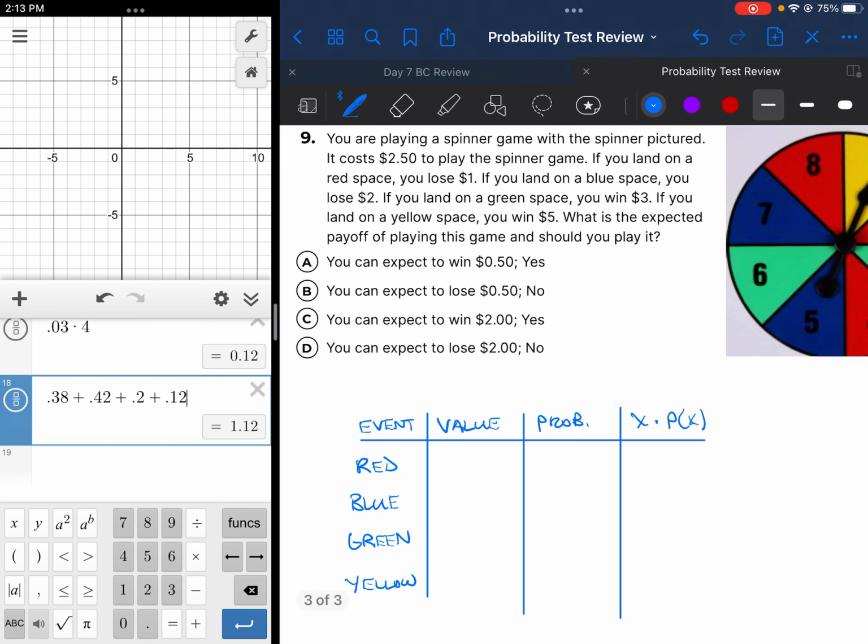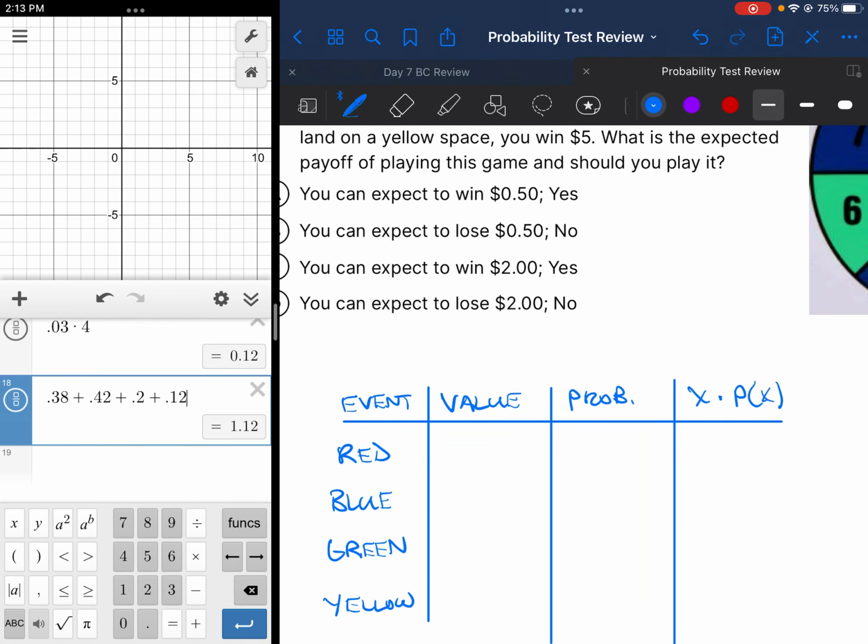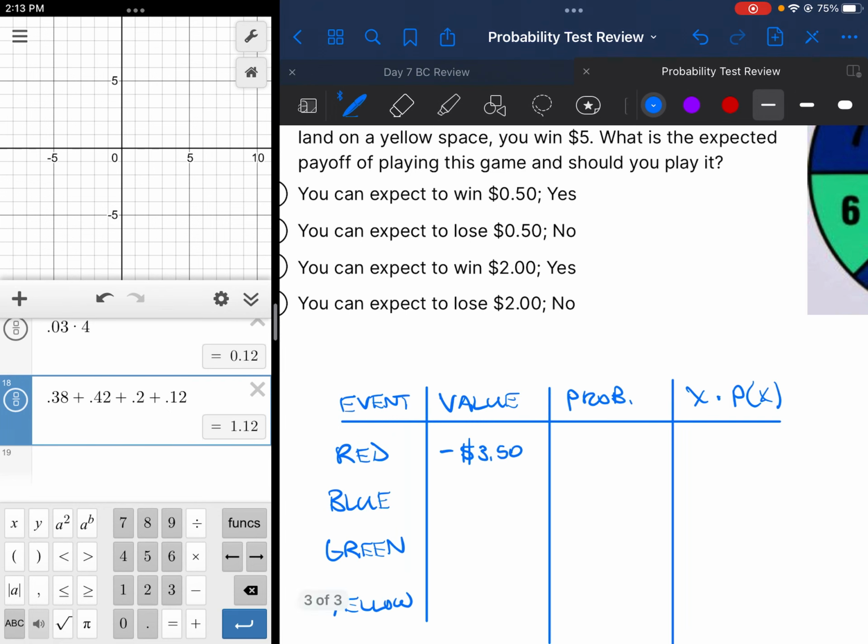If we land on a red space, it tells us we lose $1, but we also paid $2.50 just to play the game. So really, if you land on a red space, not only are you paying $2.50 to play the game, but then you pay another $1 if you land on it. So the value of landing on a red space is negative $3.50.